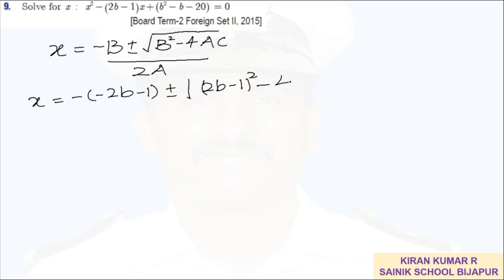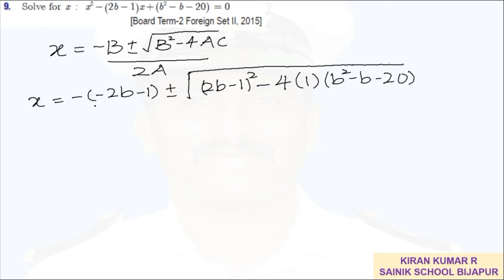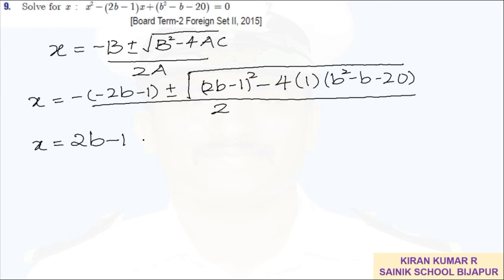Minus 4 times of A value is 1, C value is b square minus b minus 20, divided by 2A, which is only 2 because 2 multiplied to 1. So x will be equal to positive 2b minus 1 plus or minus root of, we need to expand this.